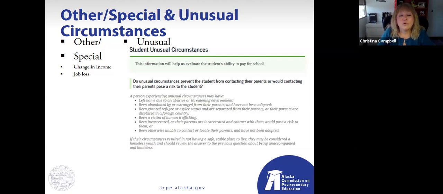Now, just be forewarned, should a student fall into one of these categories, they simply need to provide whatever documentation is requested of them from that financial aid office.